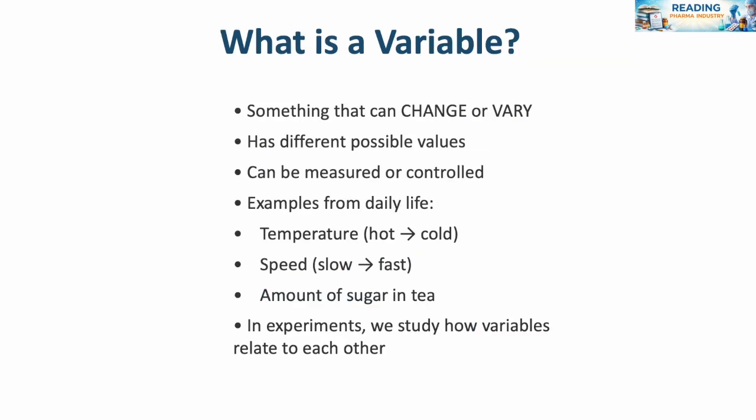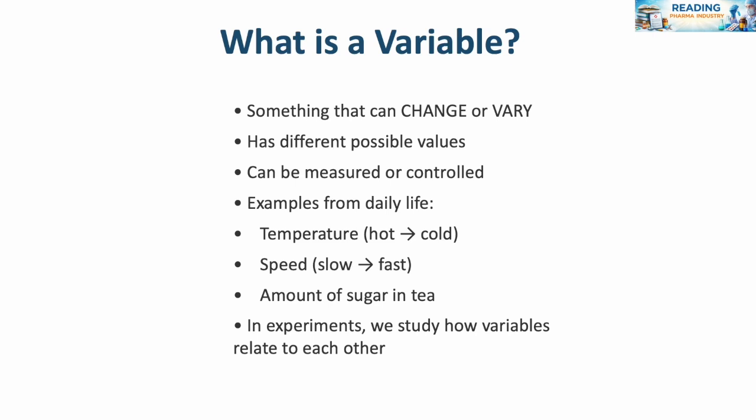So what exactly is a variable? We can think of a variable as something that we can change or vary. That is, it is not fixed, so it has different possible values. We can think about some examples from everyday life. For example, temperature is a variable.